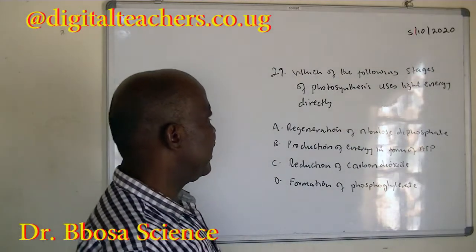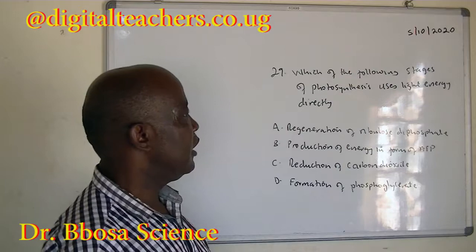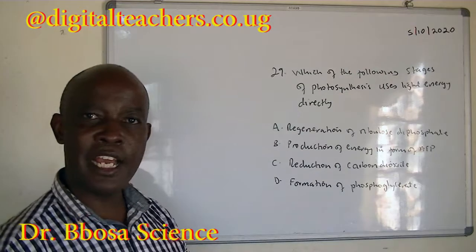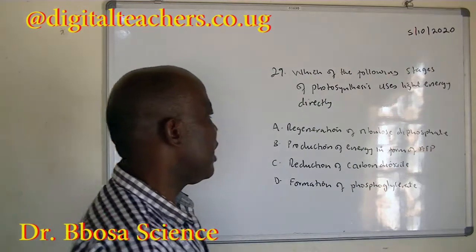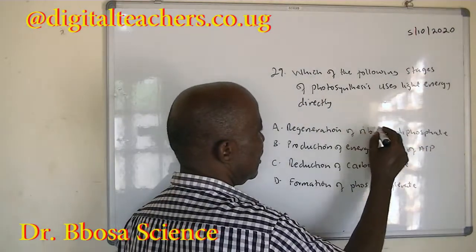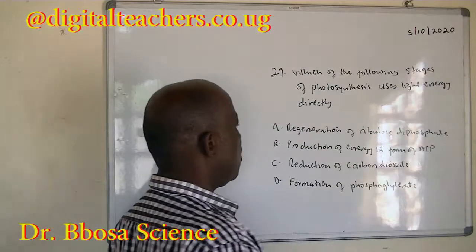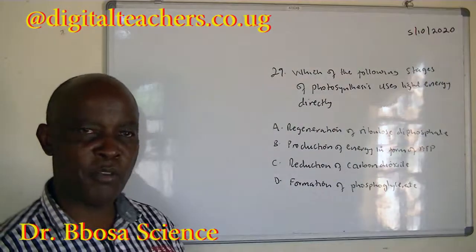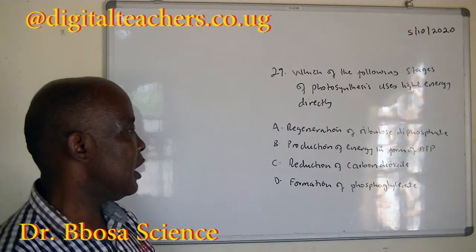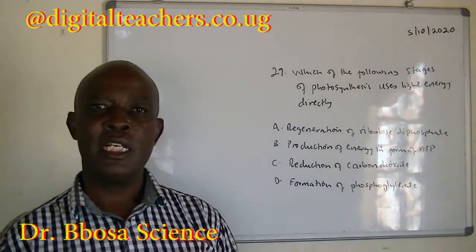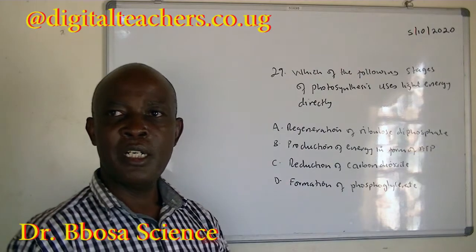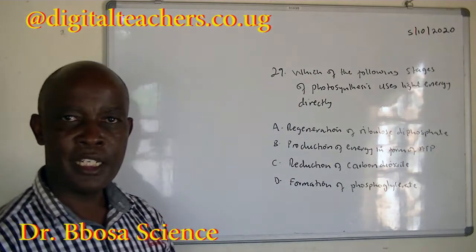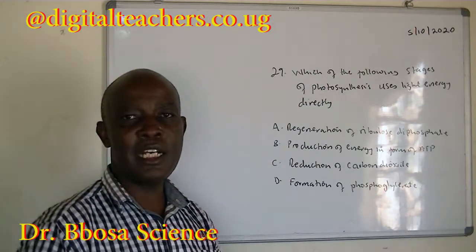29. Which of the following stages of photosynthesis uses light energy directly? A. Regeneration of ribulose diphosphate. B. Production of energy in the form of ATP. C. Reduction of carbon dioxide. D. Formation of phosphoglycerate. You can pause, get the answer, and we continue.